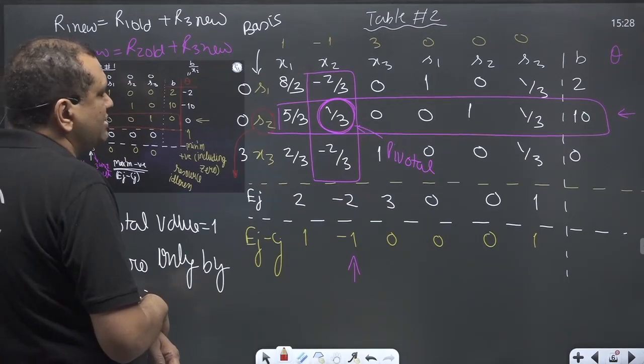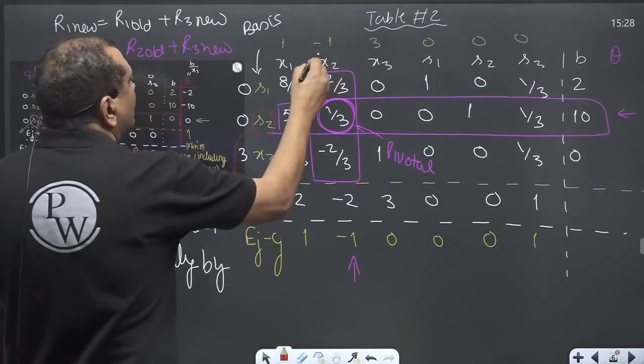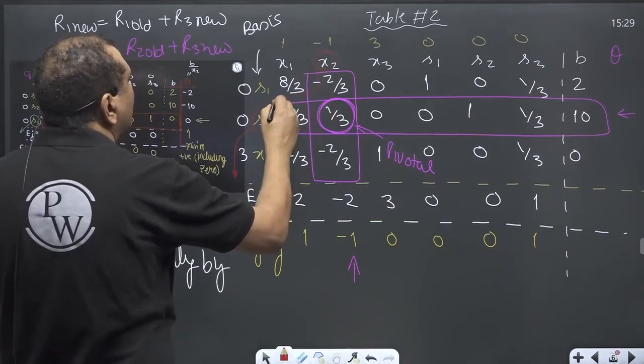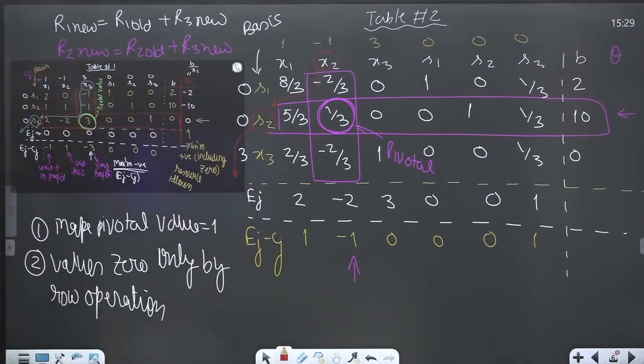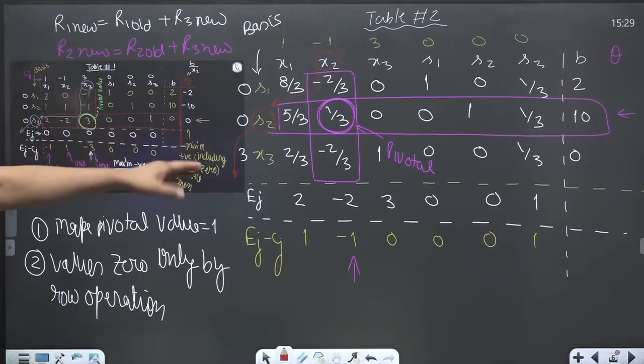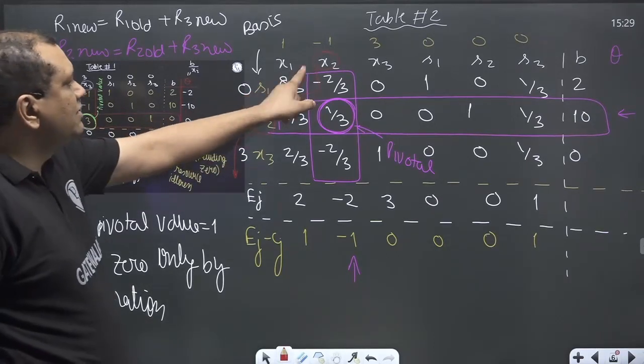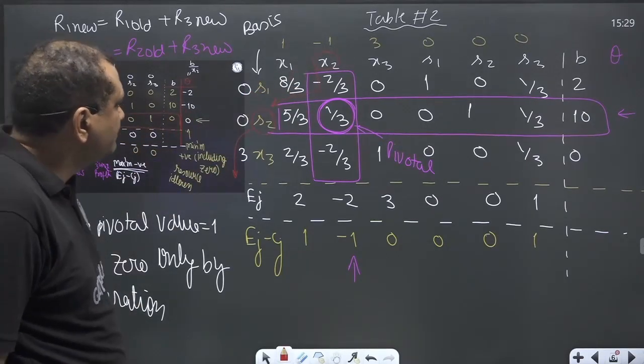S2 will leave the basis and X2 will enter. That's the decision, na?